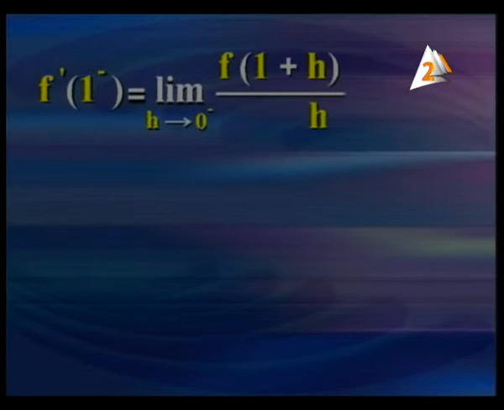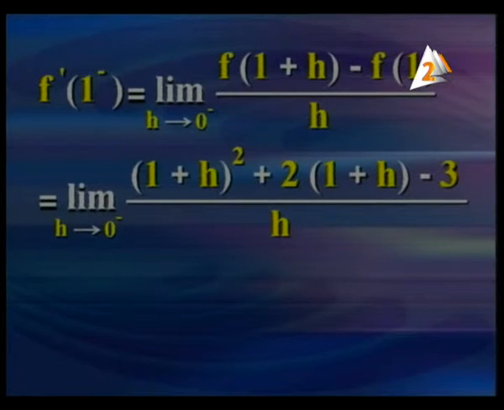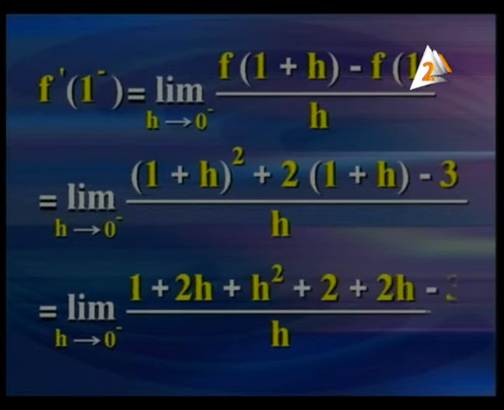f dash of 1 negative. The limit when h tends to 0 negative of f of 1 plus h minus f of 1 over h equals 1 plus h all power 2 plus 2 times 1 plus h minus 3 over h, which equals the limit as h tends to 0 negative of 1 plus 2h plus h² plus 2 plus 2h minus 3 over h. We simplify and add the like terms: 2h plus 2h is 4h, 1 plus 2 is 3, minus 3 is 0.